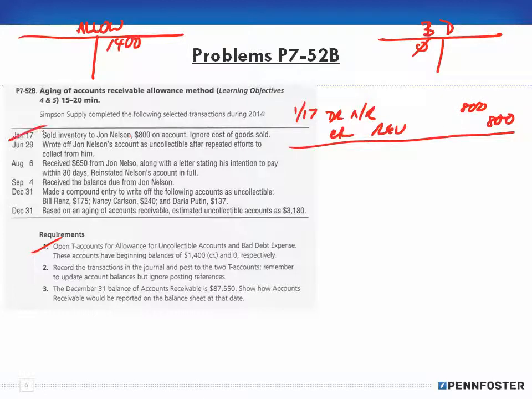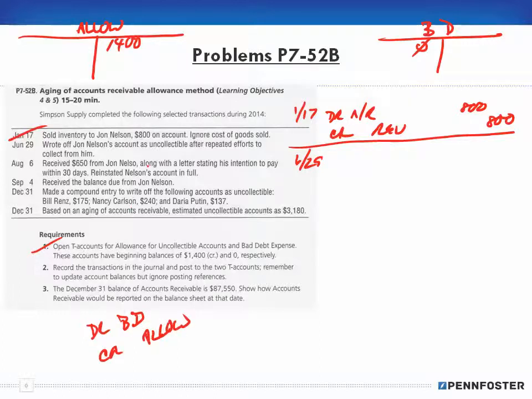June 29th, wrote off John's account as uncollectible after repeated efforts to collect from him. Remember, since we're using the allowance method, at the end of the accounting period we make an adjustment. We estimate our bad debt, and we make the journal entry to debit bad debt expense and credit the allowance account.